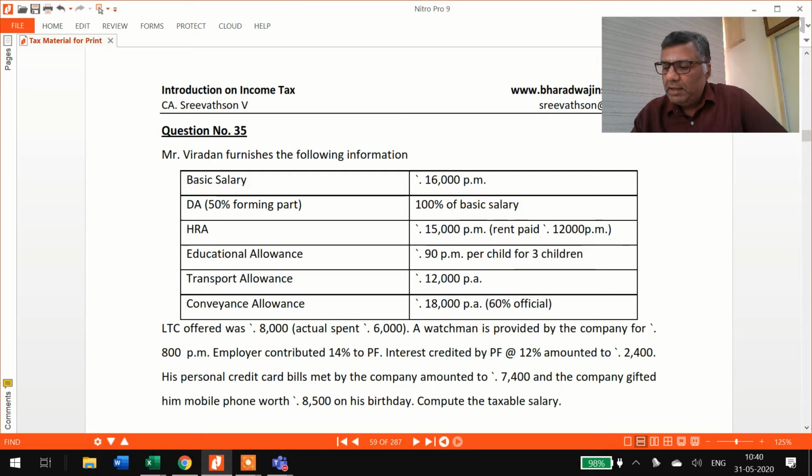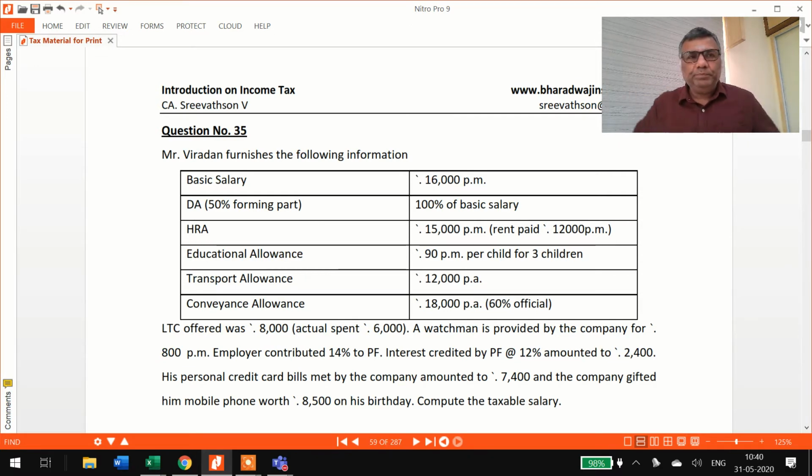Our friend is asking me a doubt. Kritika is asking me a doubt as to why we didn't provide deduction for entertainment allowance in question number 34. Entertainment allowance deduction is available only for government employees working in excise department, railways, goods and service tax department.